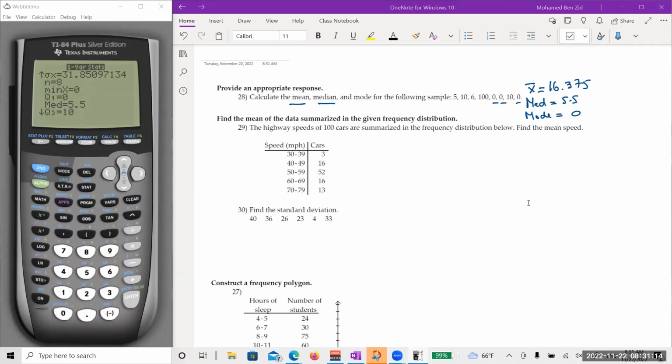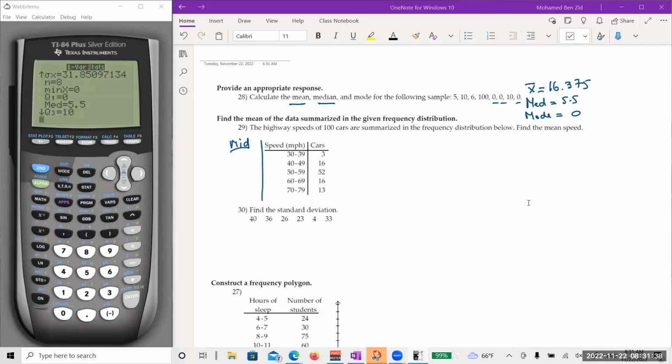Okay, for 29, you want to do some work before this, and the work is to get the midpoint. Are we okay?